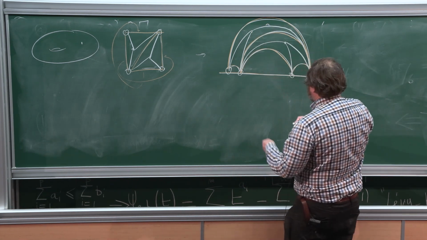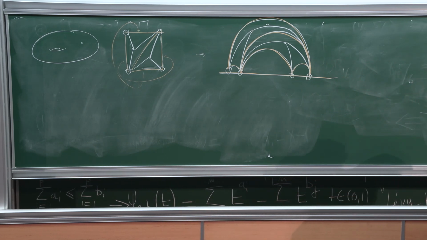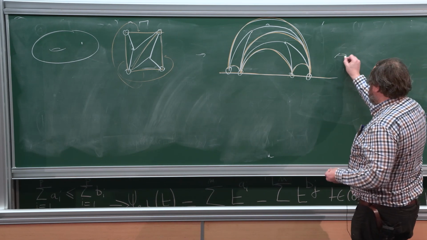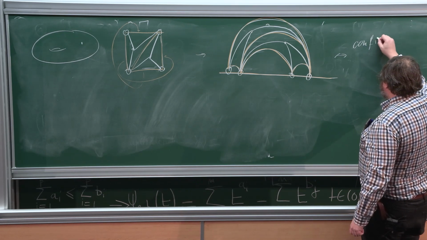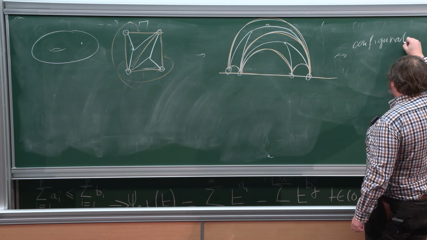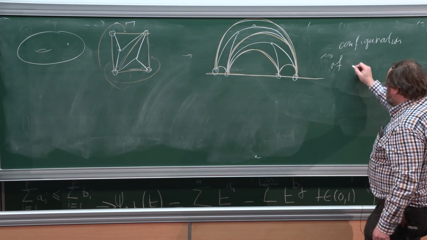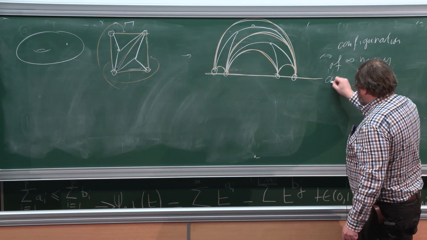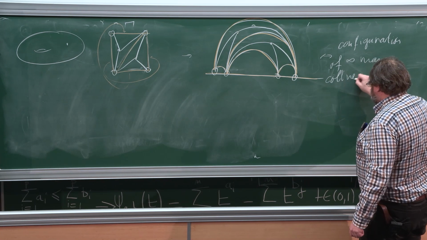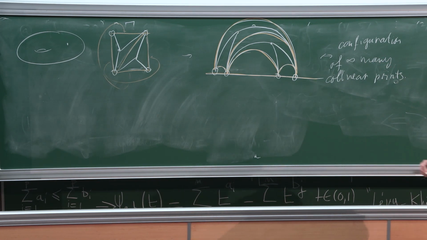So it's some infinite bipartite graph, and this graph corresponds to configurations of infinitely many collinear points. But of course, this is an infinite dimensional space.